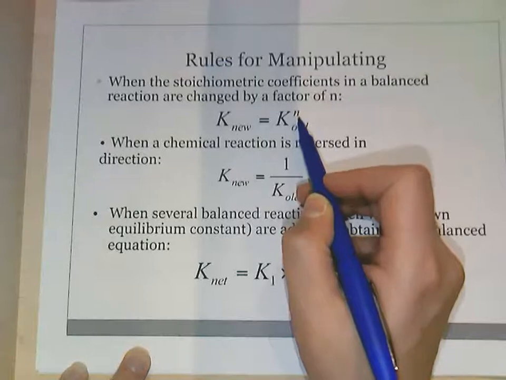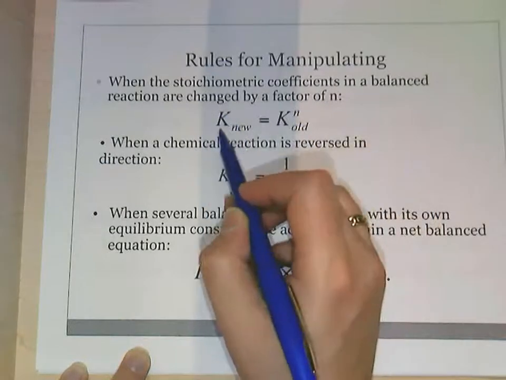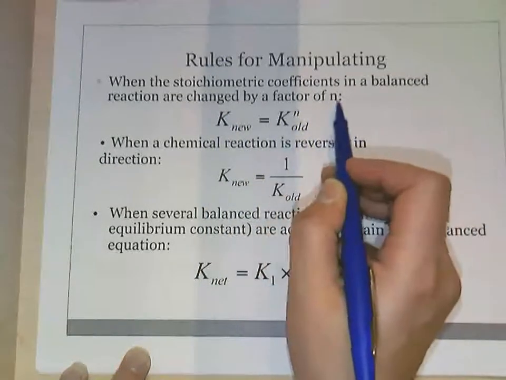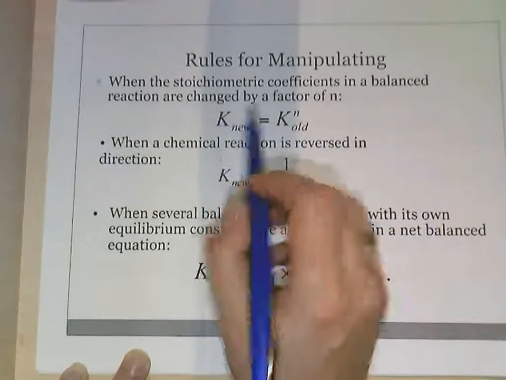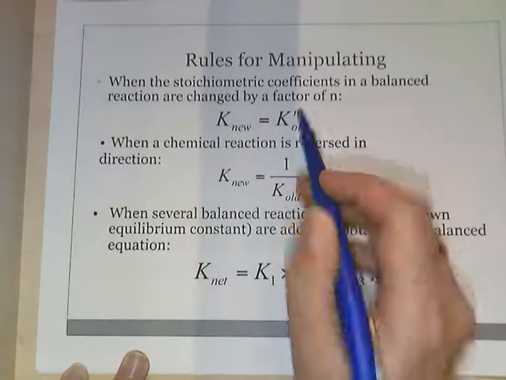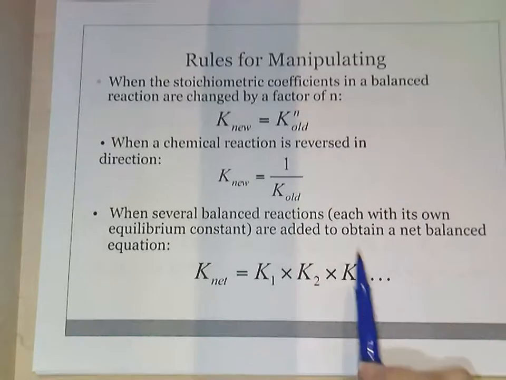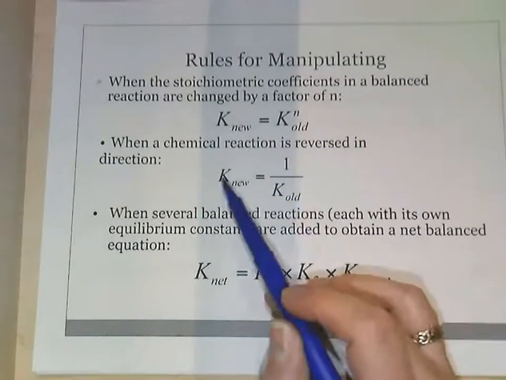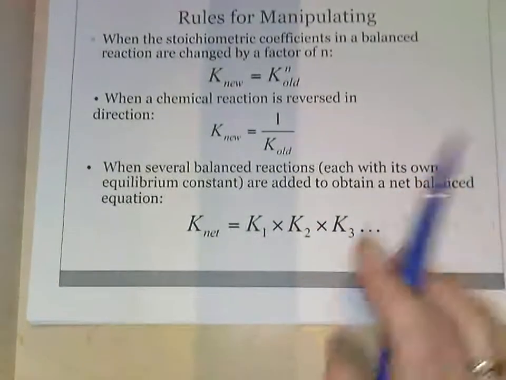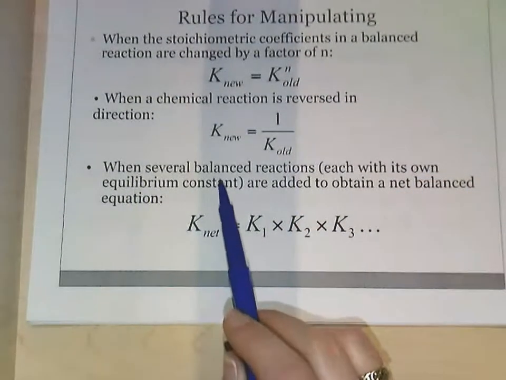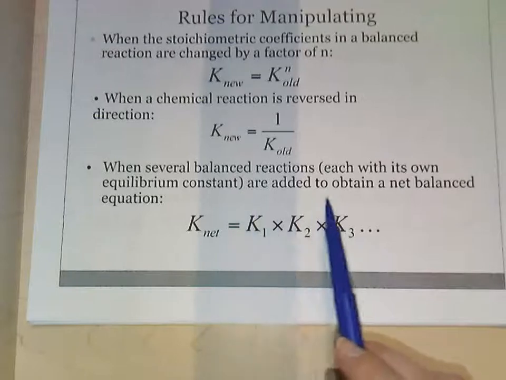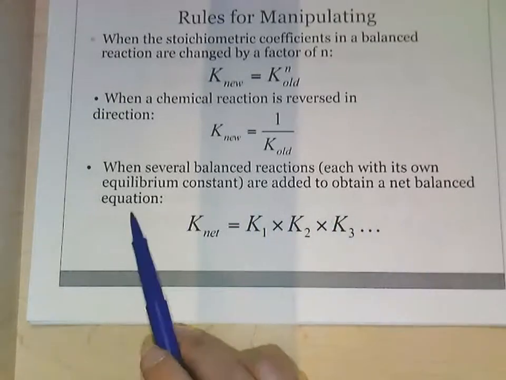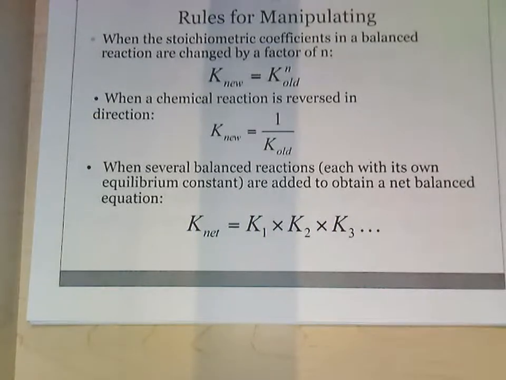So we went from this amount and we doubled it, so then we square it. If we tripled, we would then cube it. If we write the chemical reaction in reverse, it's going to be 1 over, and if we combine several balanced equations to make a new net balanced equation, the equilibrium constants are multiplied by each other.